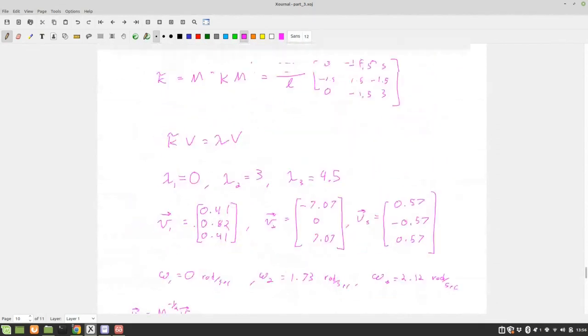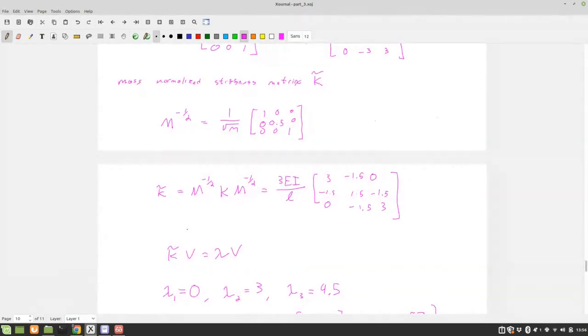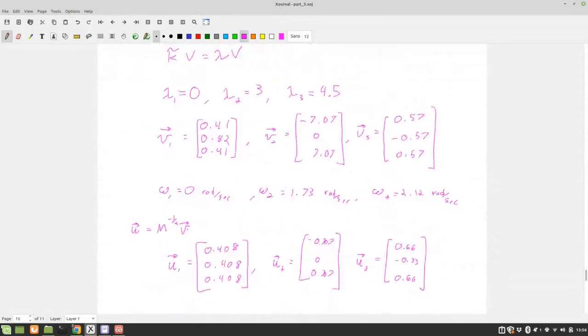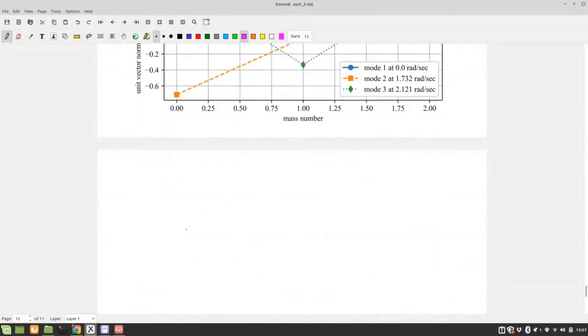Okay, so that's a great way to do it, the mass normalized stiffness value, right? But let's go ahead and look at it with the generalized eigenvalue solution, or the general eigenvalue problem.